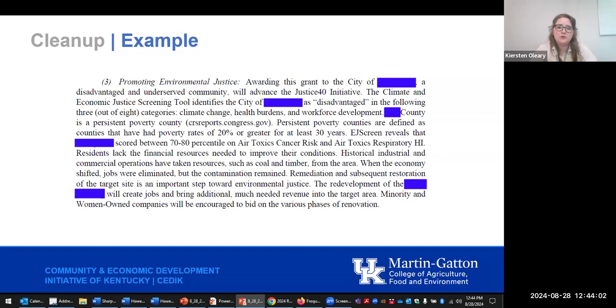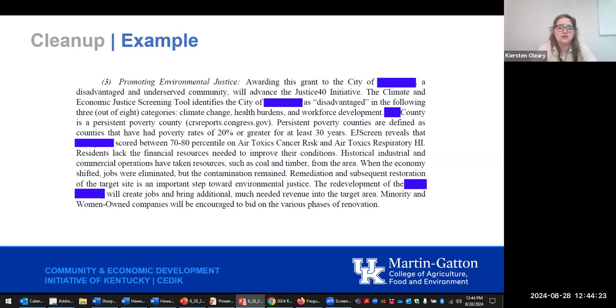And again, whoever your reviewer is will likely not be familiar with whatever area you're describing. So the more that you can paint the picture for them and make it compelling. It's saying when the economy shifted, jobs were eliminated, but the contamination remained.